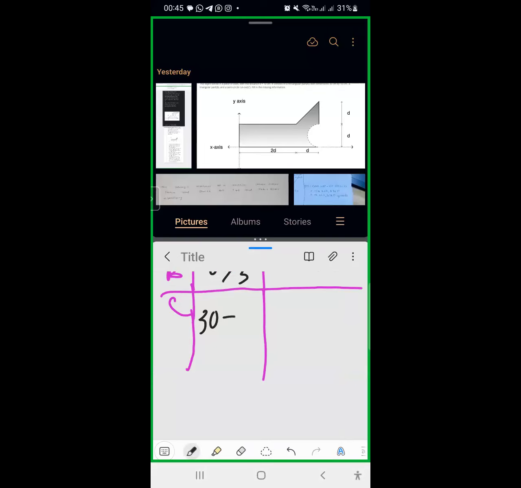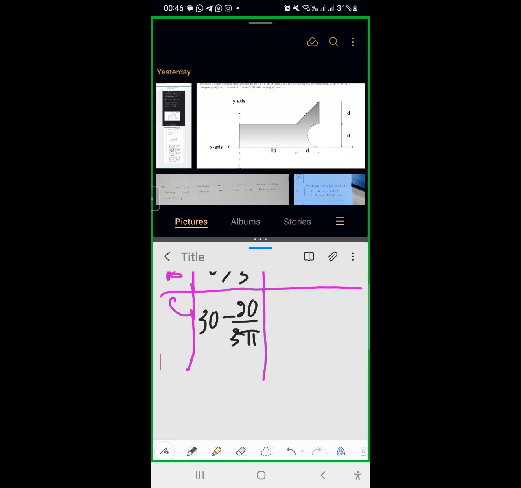So that is going to be 10 divided by 2, which is 5. So that is basically 30 minus 4 over 3 pi, and then this is multiplied by 5. So that is going to be 5 times 4, which is 20. So we basically have 30 minus 20 over 3 pi.